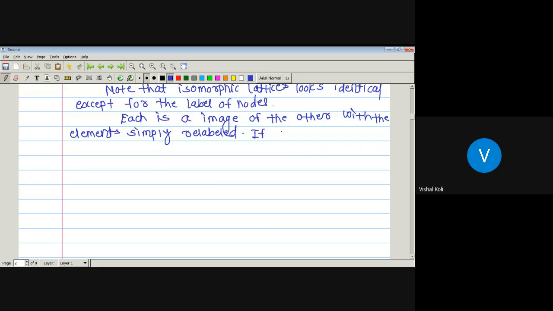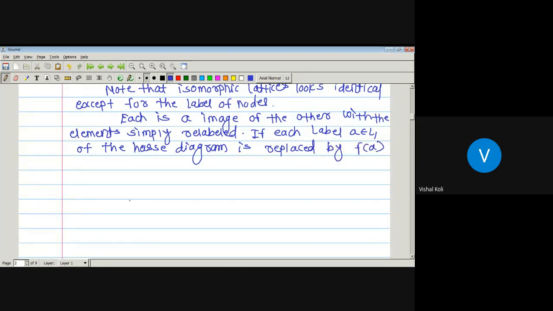If each label A belonging to L1 of the Hasse diagram is replaced by F image of A, then we get the Hasse diagram of the second lattice.